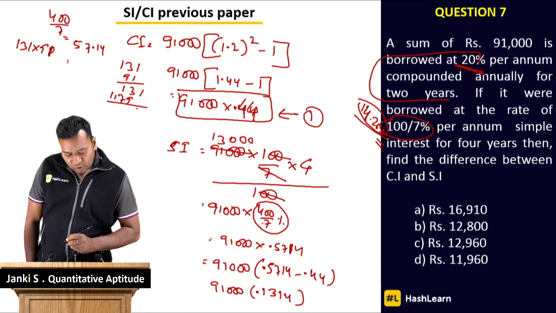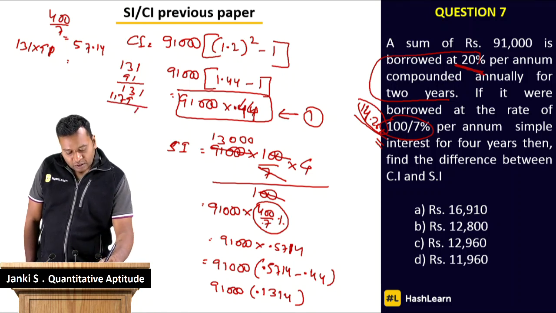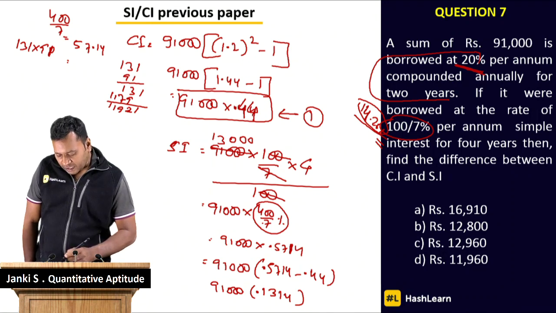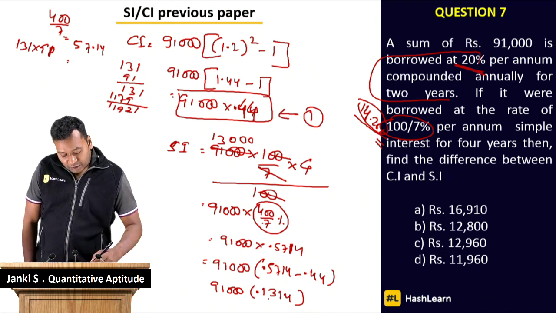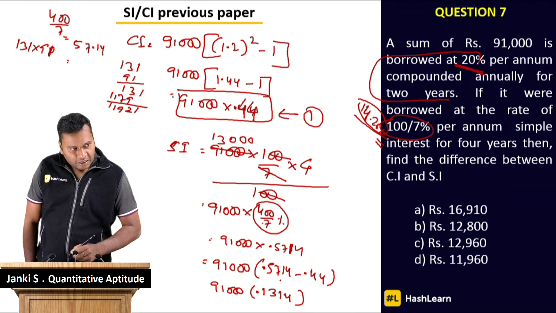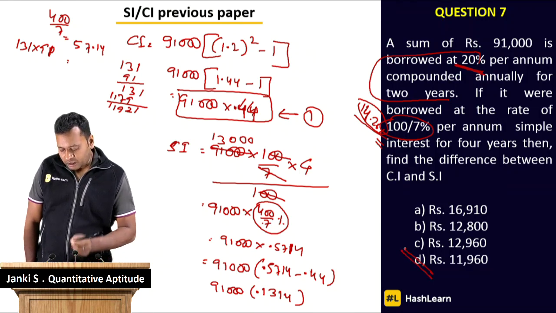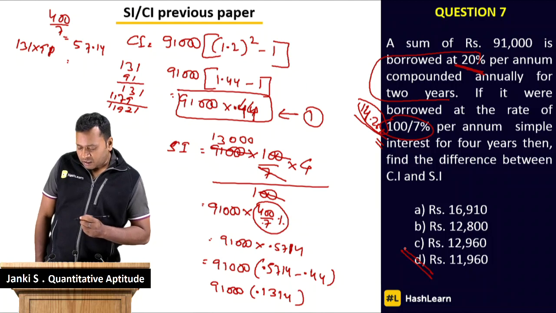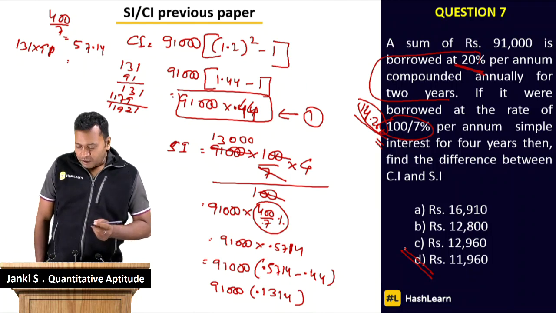So it's somewhere around 1192 something, right? So it's near 119 something, because it's 1314. I'm not taking the exact value here. So 11960 will be the value possible here, right?